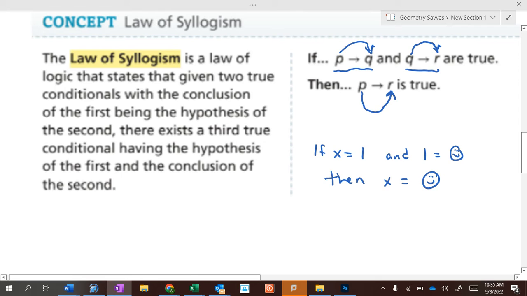Basically, that's what's happening in the law of syllogism. It's just like the transitive property. Very straightforward.